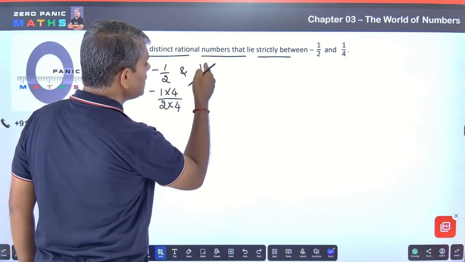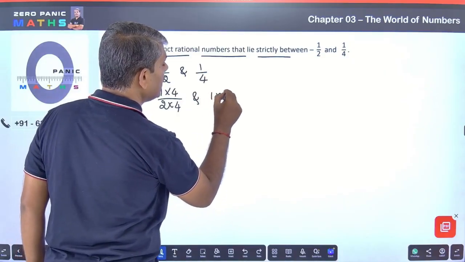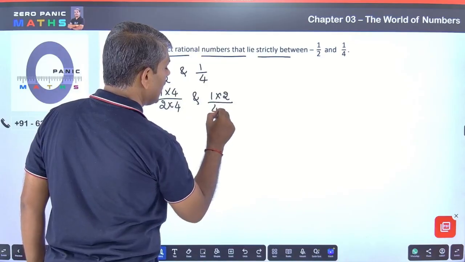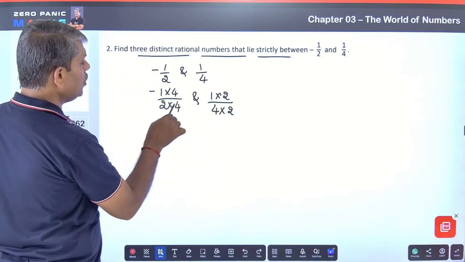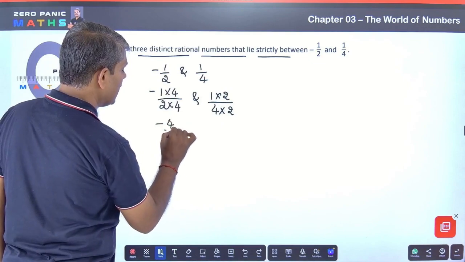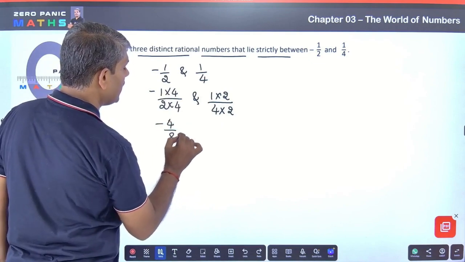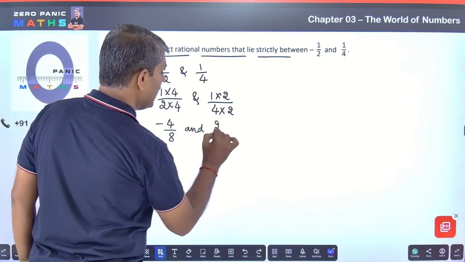Let me make the second number's denominator also 8, so I have to multiply and divide by 2. Say 1 into 2 and 4 into 2. So here 2 into 4 is 8, and 1 fours are 4. So minus 4 by 8 is the first number and the second number is 2 by 8.